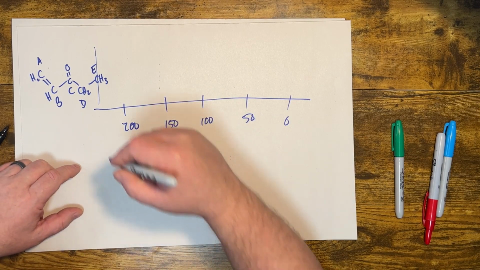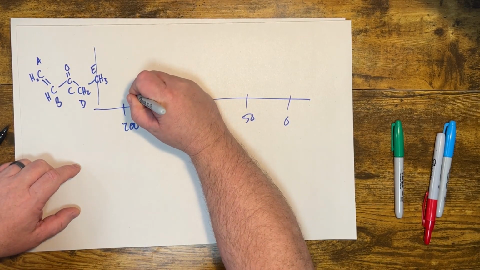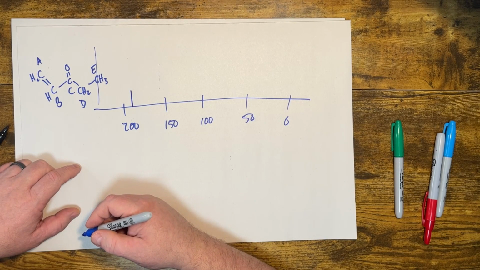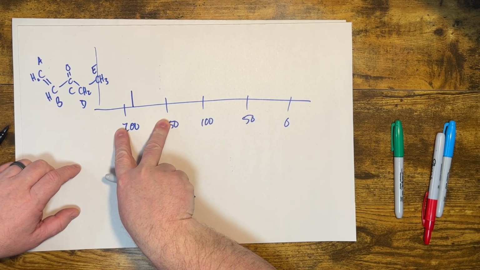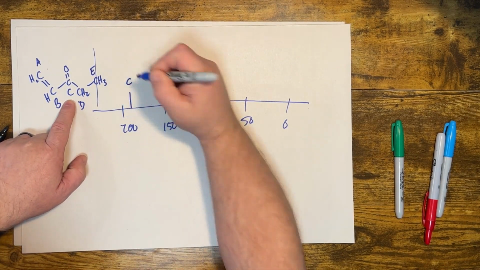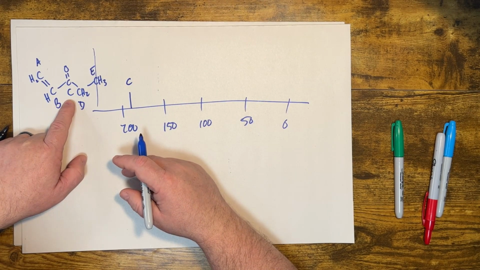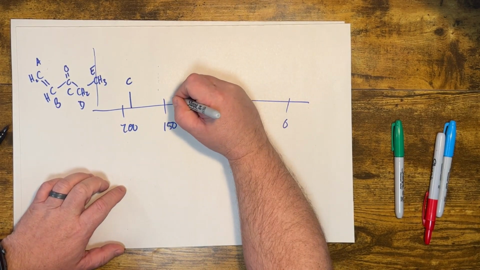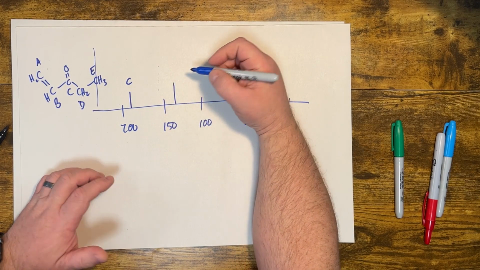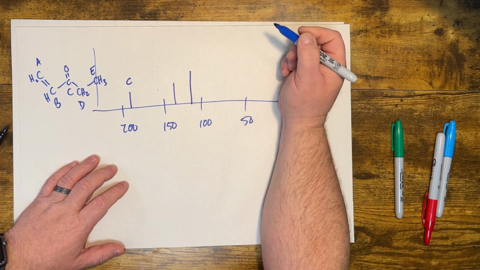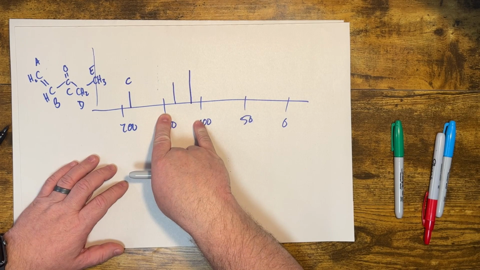And here's what you see. You get one peak out here, close to 200. That's in the carbonyl region. That is carbon C, the one that's the carbonyl. You end up getting a couple of peaks here. One here, and maybe one about here. Which ones are these between 100 and 150?